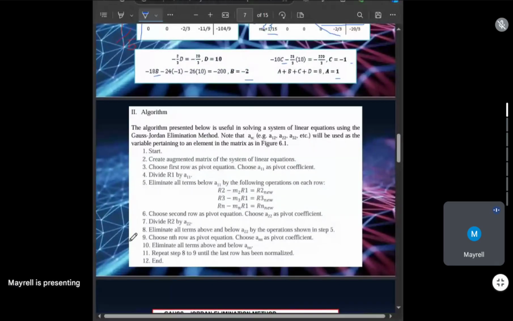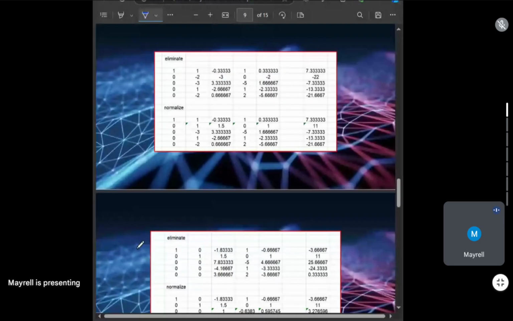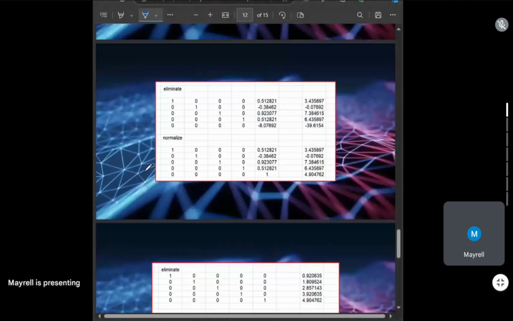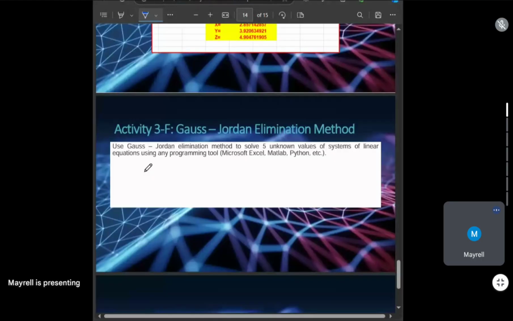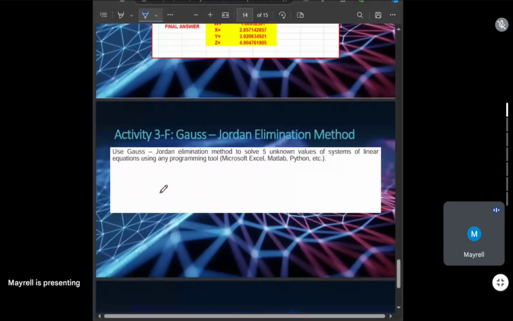So we have here an example. So snips from the Excel. Okay, but before we move to the Excel, so since this is just the same with what you're going to do with your activity, so let's have first or read first the activity. So you have activity 3F, Gauss Jordan elimination method.